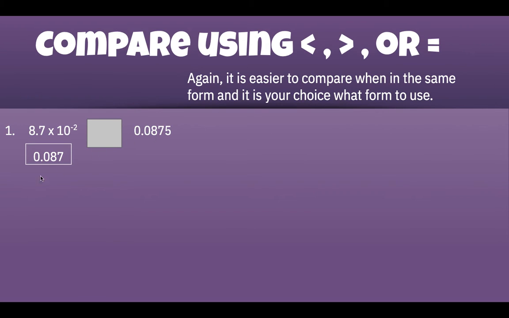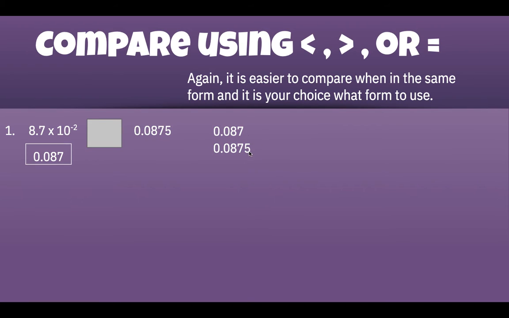Now we're going to compare these two. They're both in standard form. So zeros are the same in the ones place, zeros are the same in the tenths place, eights are the same in the hundredths place, 7 is the same in the thousandths place. But then we have one more decimal in this one. It's 5. Well, when we don't have a number showing, it's assuming there's a 0 at the end.